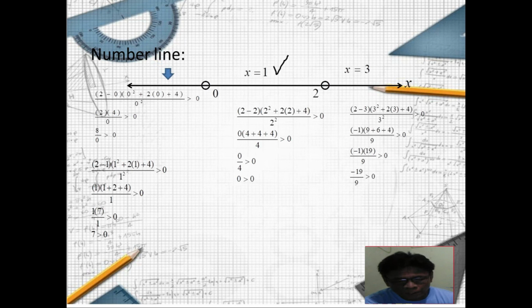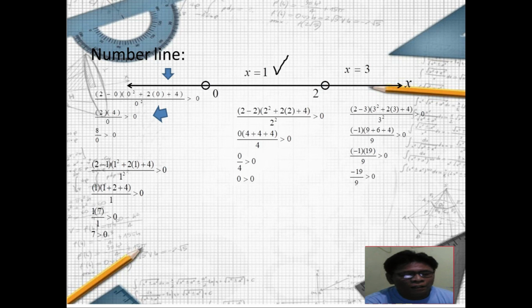Since this part is negative numbers, there is no negative side of the square, so this part is not included. Okay, so we try to test if 0 is included in the solution.